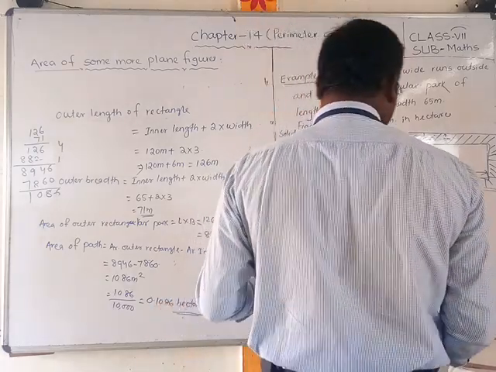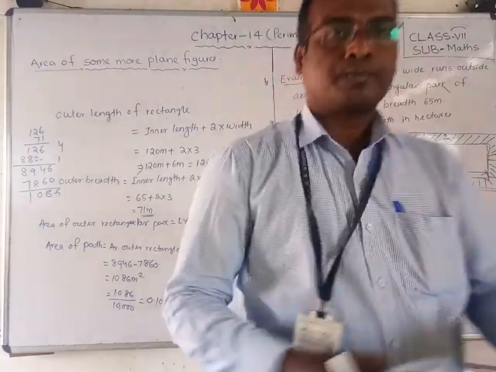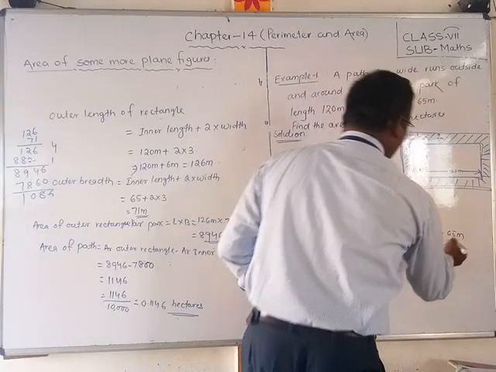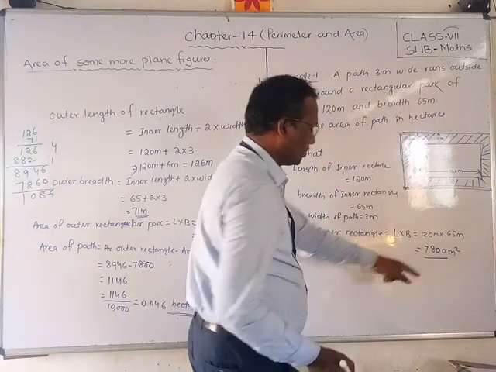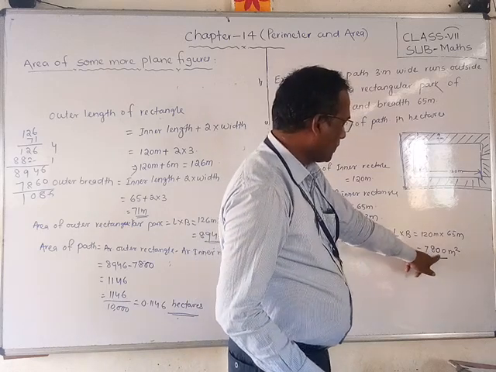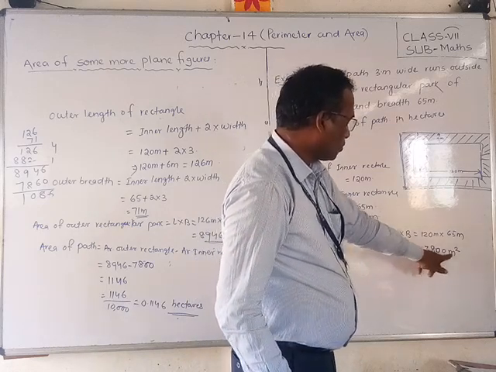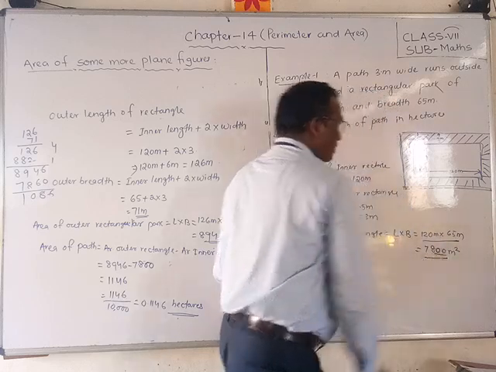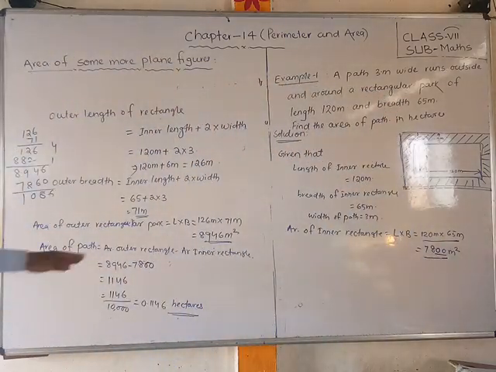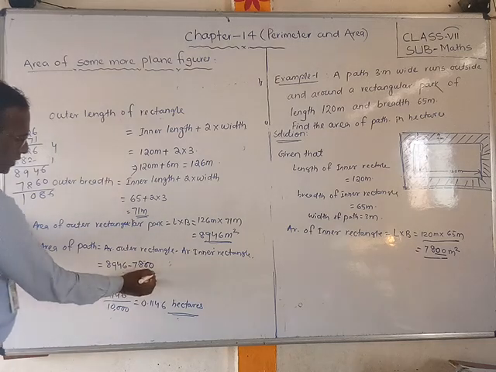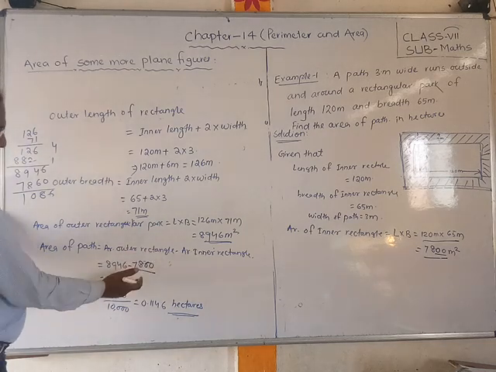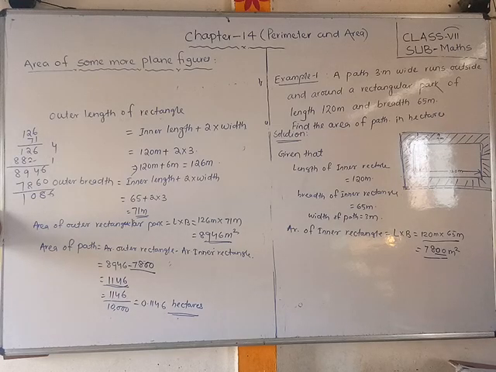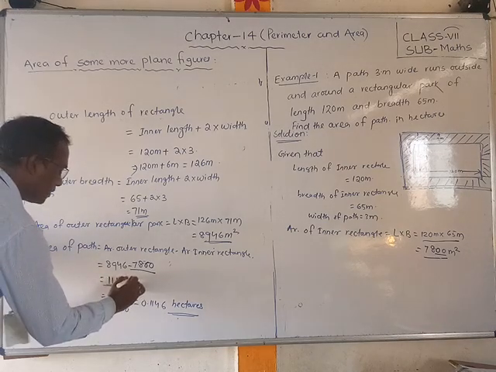One second, students. Look here, friends, a little mistake needs correction. Actually I wrote 60, so it should be 7,800. If you multiply this, we get 7,800 meter square. So I changed it here to 7,800 as well. I subtracted, and we get 1,146 meter square.